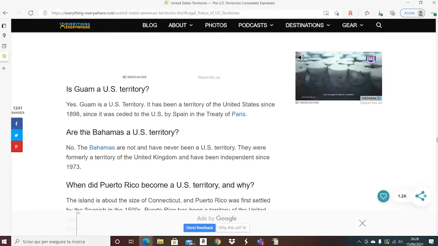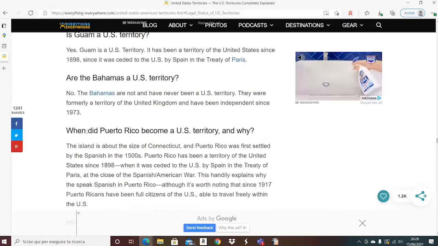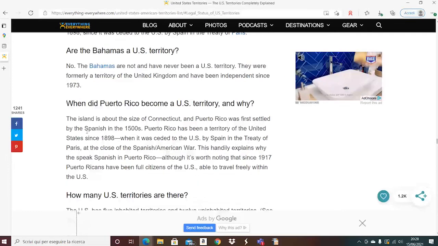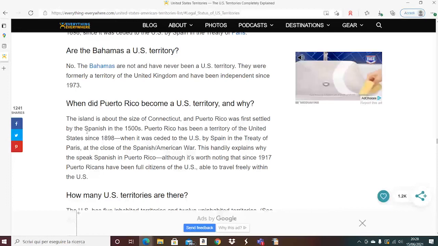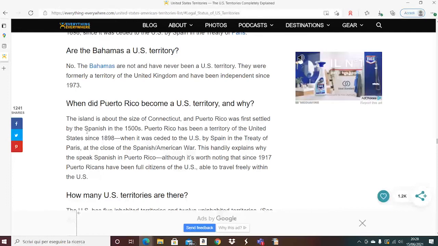When did Puerto Rico become a U.S. territory and why? We saw that. Well, the island is about the size of Connecticut. Puerto Rico was first settled by the Spanish in the 1500s. PR has been a territory of the US since 1898, when it was ceded to the US by Spain.